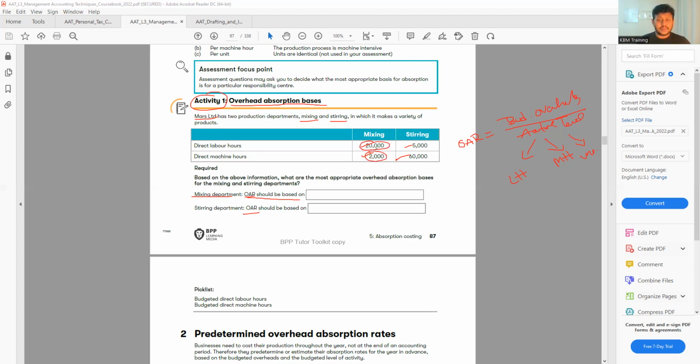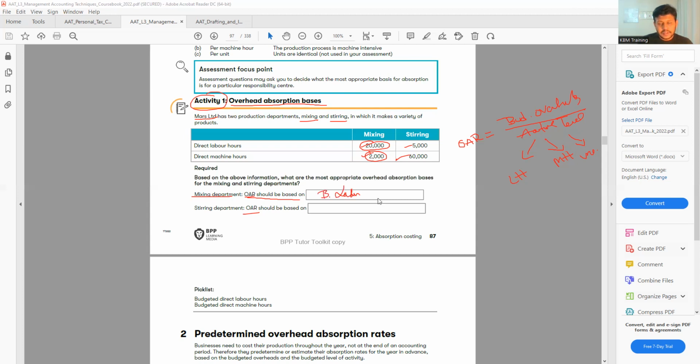This business depends heavily on the labor hour, not the machine, because they're using 20,000 labor hours and only 2,000 machine hours. So the overhead absorption rate should be based on the budgeted labor hours.